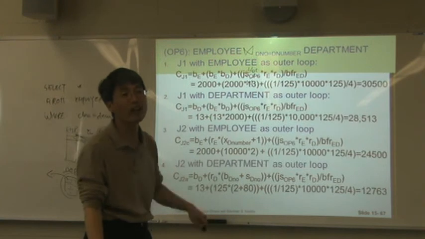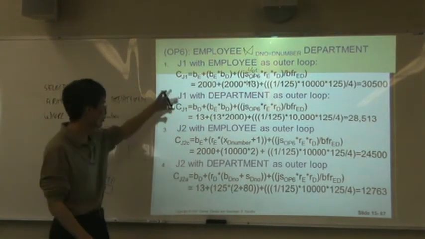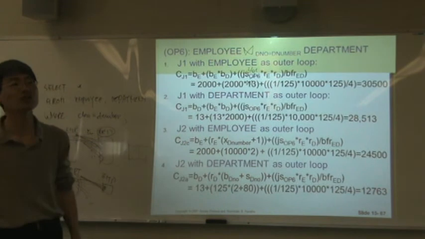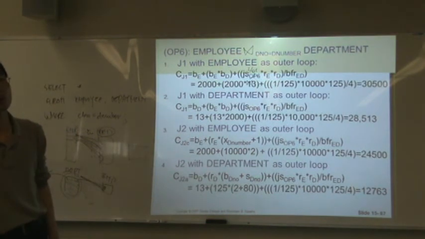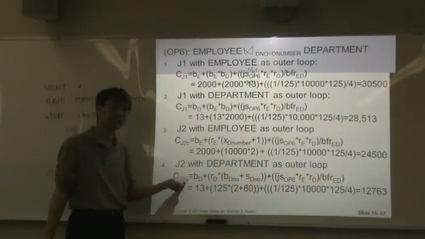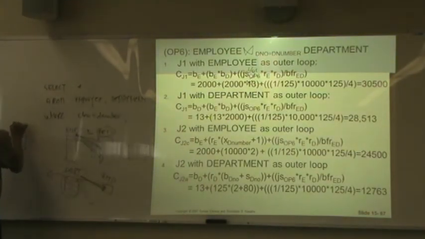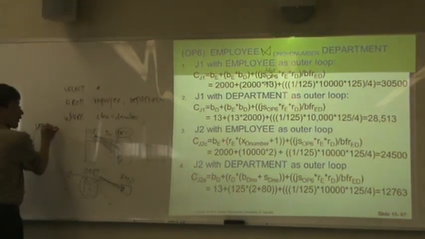Sort merge, we do not have the cost of the sorting, so we do not consider that one. Among them, which way will be selected to access the data? In other words, which one is the fastest way? This one, which means access department first. Okay?